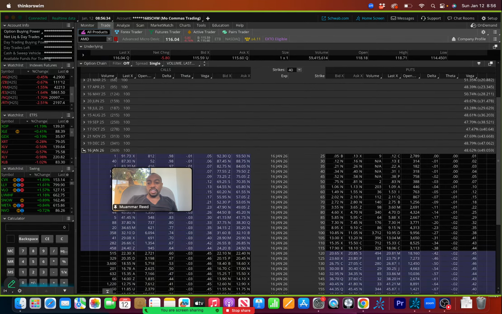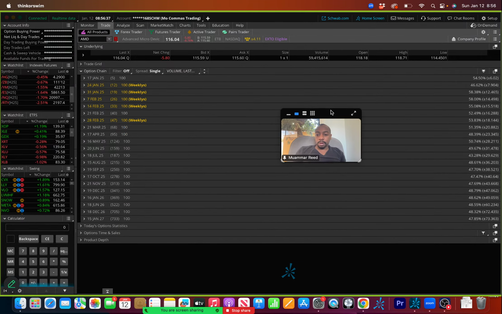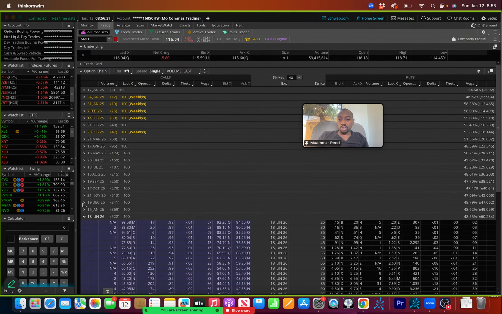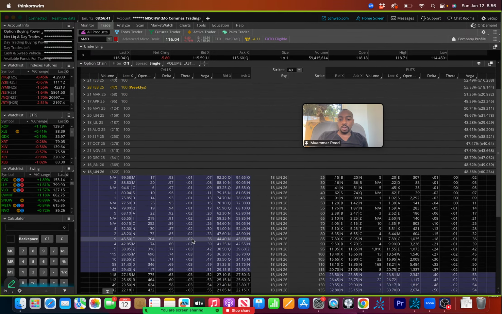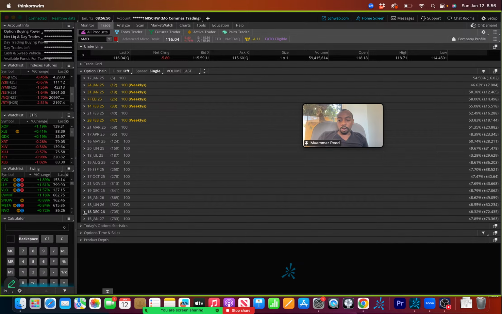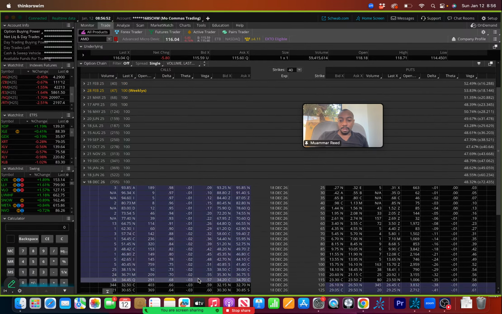And then we talked about the January 16th, but 2026, but you could potentially go further out and see if there's any more liquidity. I don't see any liquidity in the June. Maybe this one right here, the 100 strike. And if we go a little further out, 2 years out, even less liquidity, except maybe the 100 strike as well.